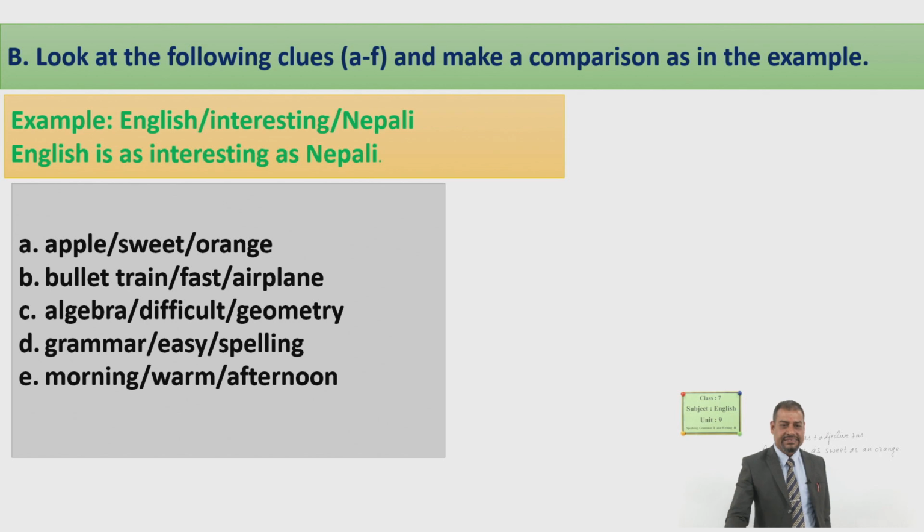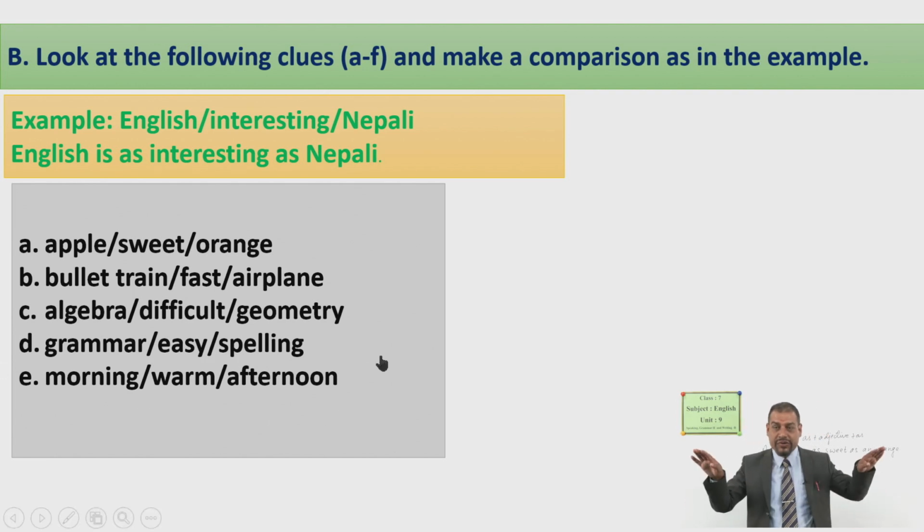So next, D, grammar, easy, spelling. So how do you compare between grammar and spelling? All of you tell me. Well done. It is grammar is as easy as spelling. Now the last one, morning, warm, afternoon.